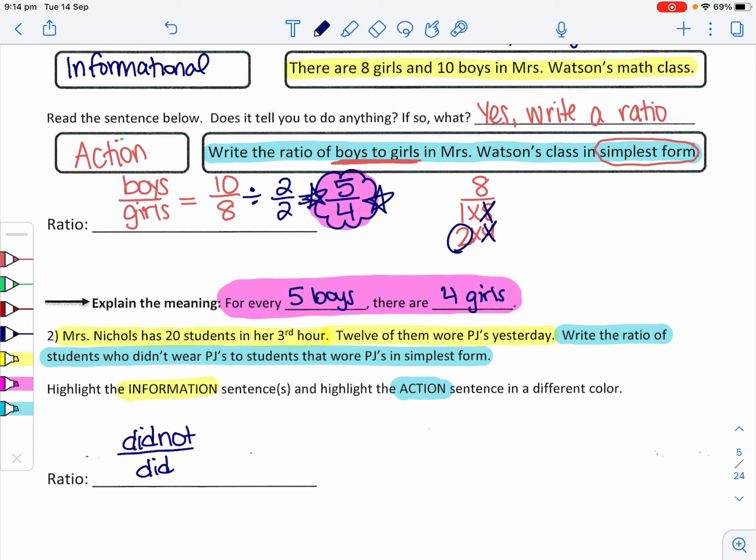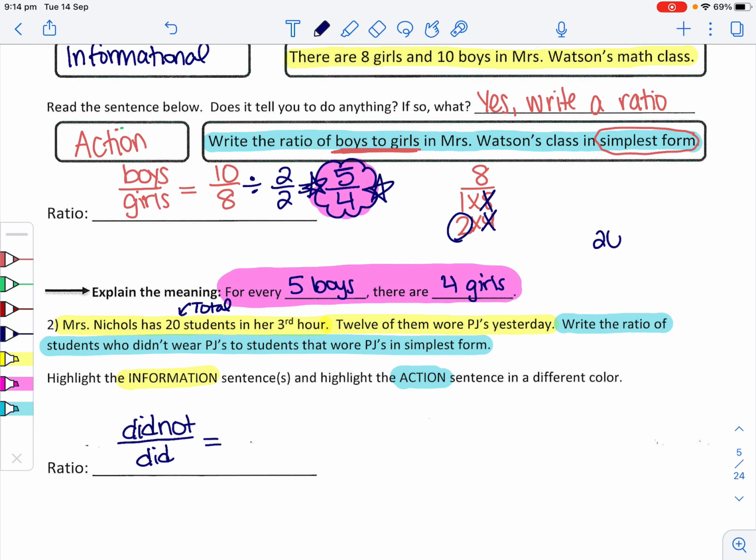In simplest form. Now in this particular problem, they tell me the total number of students. So this is the total. And then they tell me that 12 of them wore PJs. So I've got 20 total students. 12 wore PJs.